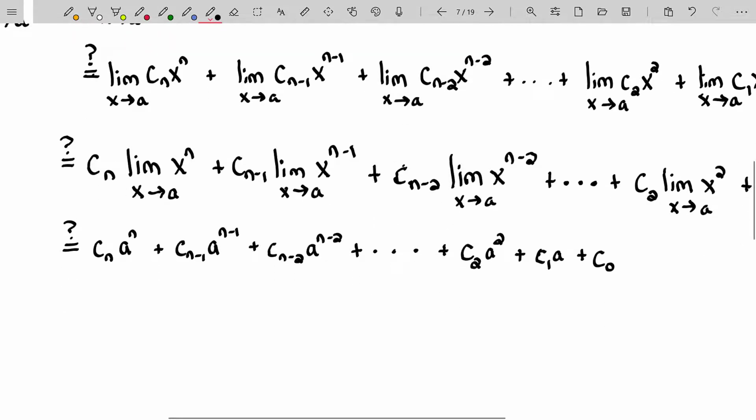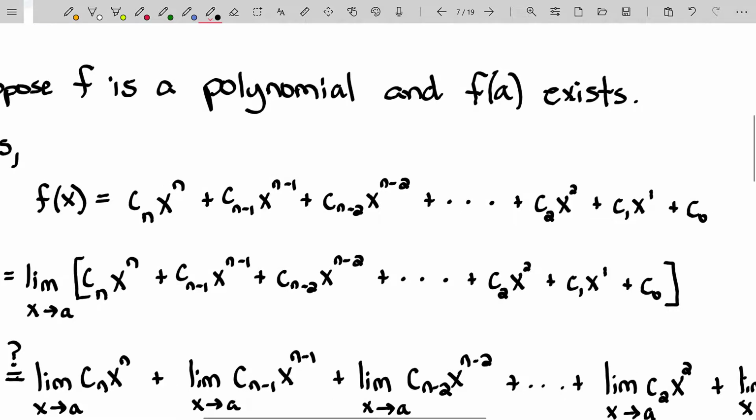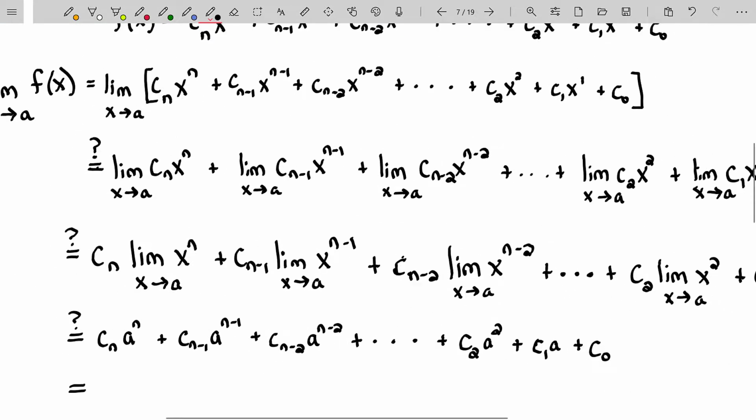Well, if you notice, that's the same thing that f would have turned into had we plugged a in. Remember, f of x is this ugliness up here. And had we just plugged a in, all of these values that have x's in them would have turned into a's, which is exactly what we have down here.